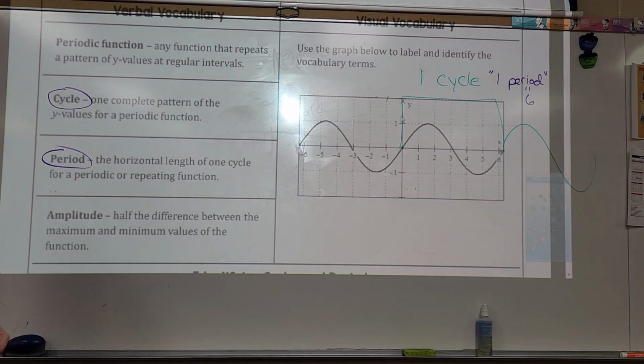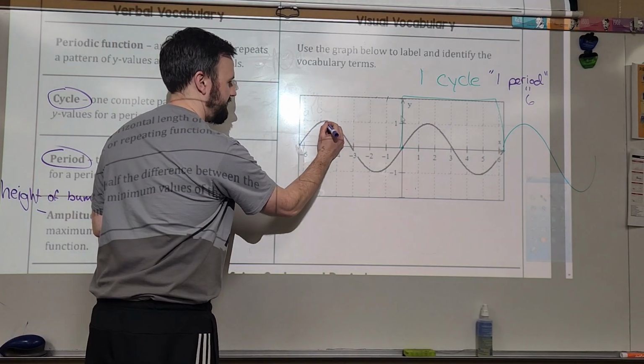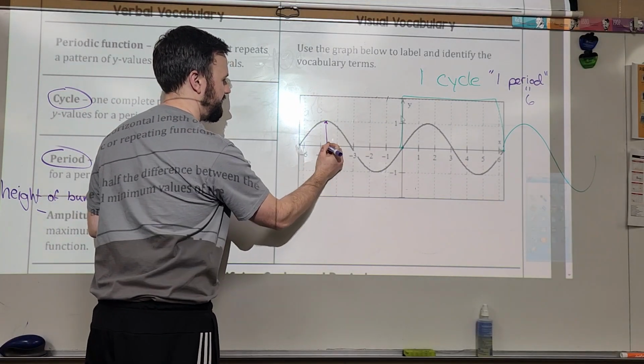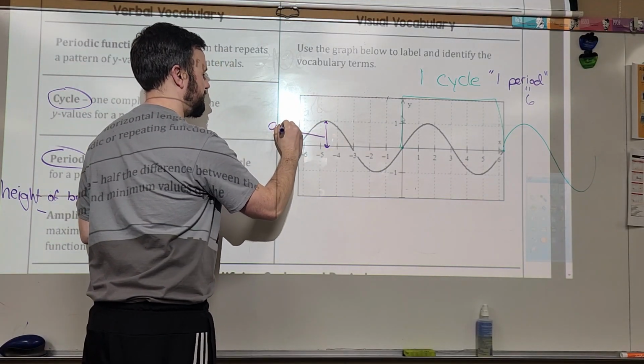Now my amplitude is half the difference between my min and my max. Think of it as the height of the bump. So from here to here is my amplitude.